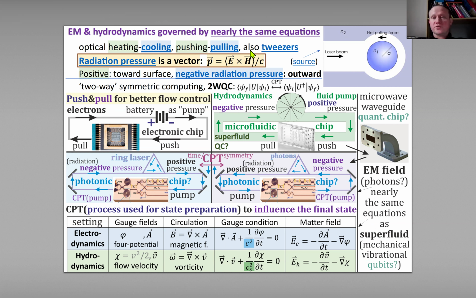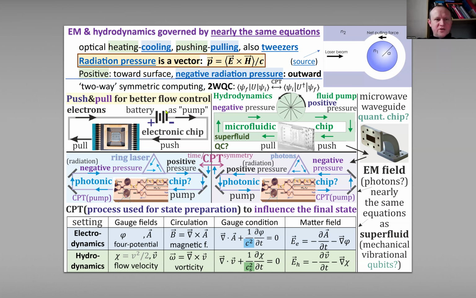We have pushing, so we can also do pulling, also tweezers. Generally, the radiation pressure is a vector, so it can be positive toward the surface, but can also be negative, outward from a surface. So there should also be negative radiation pressure, which allows us to pull, a symmetric version.